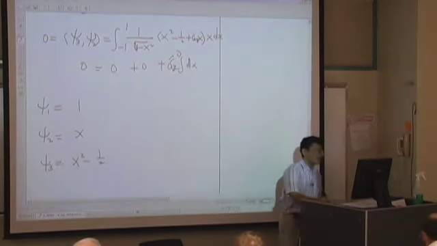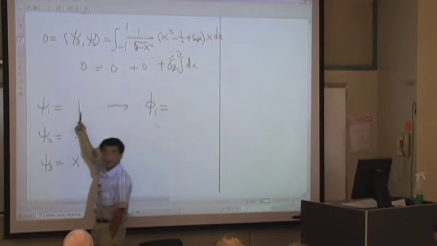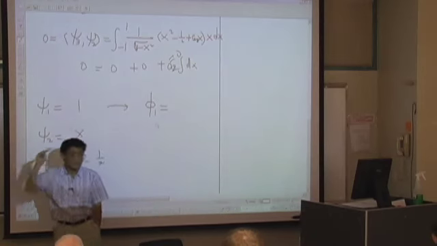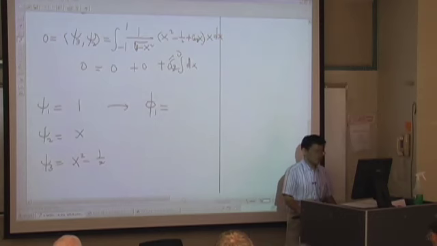Now the next thing is finding P1, right? How can you find P1? Divide it by its norm, right? Then how can you find the norm of 1? It is this.